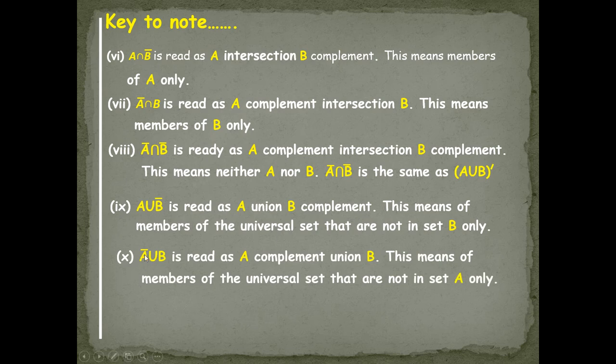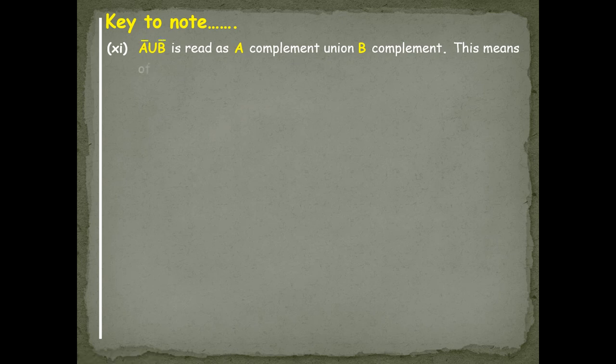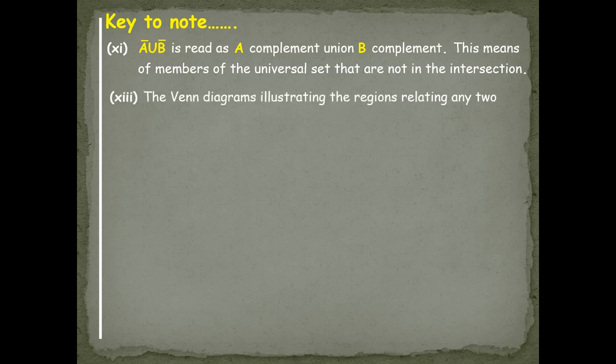A complement union B means members of the universal set that are not in set A only. A complement union B complement means members of the universal set that are not in the intersection.